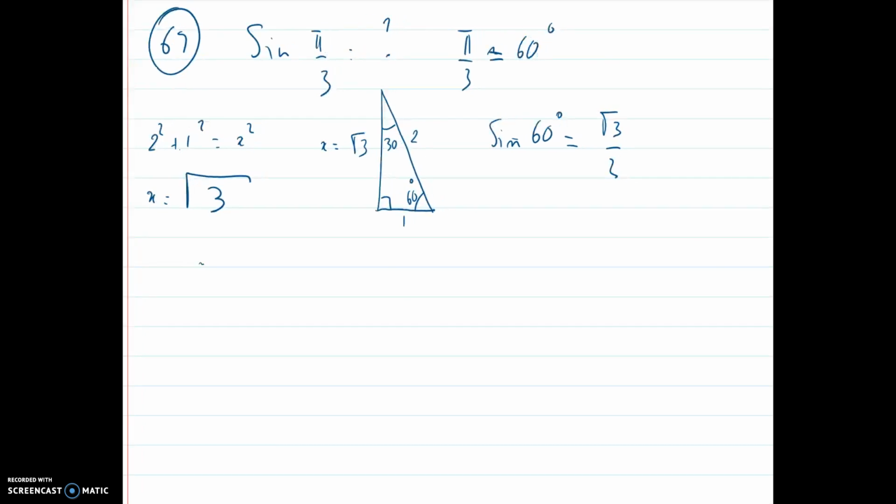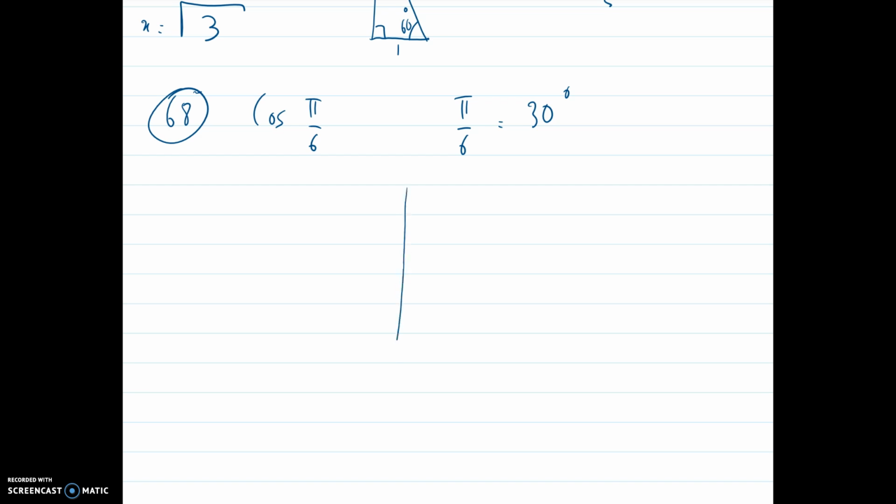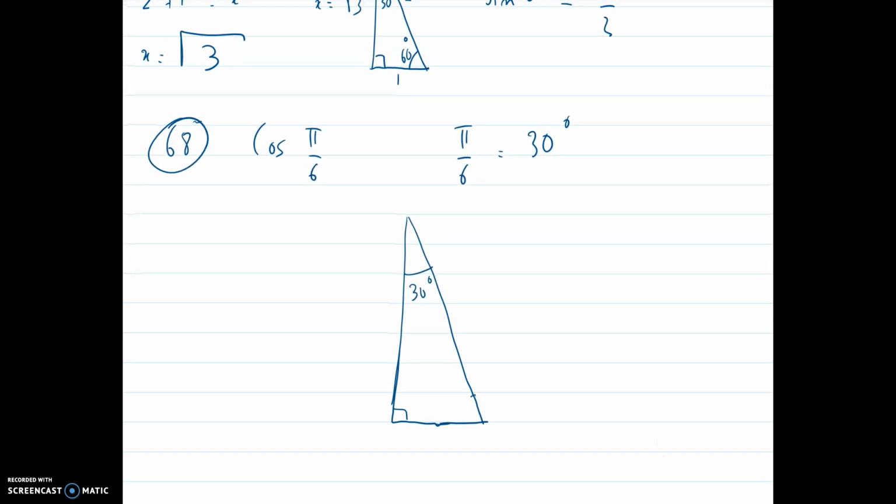Let's do 68. Why not? Number 68. Question is find cosinus pi over 6. Cosinus pi over 6. Pi over 6 is equal to 30 degrees. Therefore, in my triangle, this is 30 degrees, and I know that's 60 degrees.